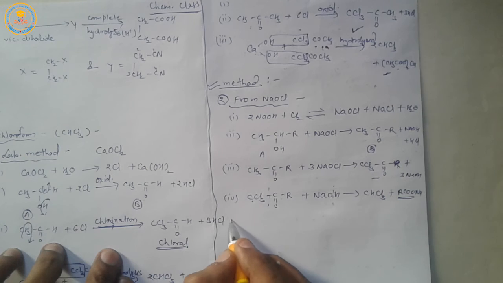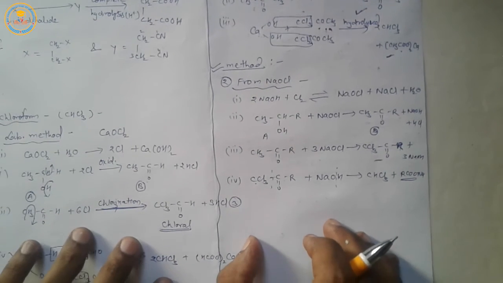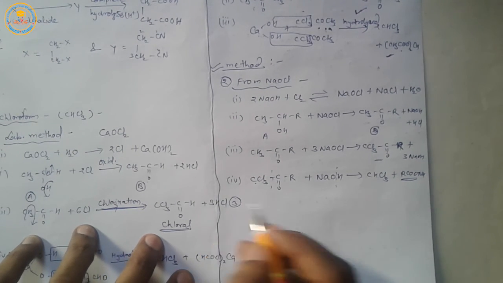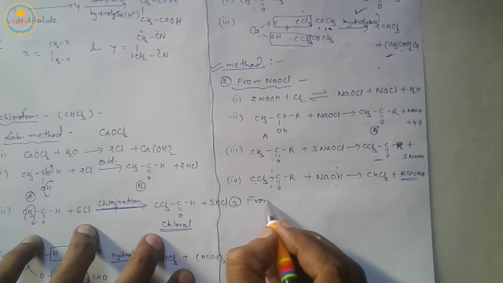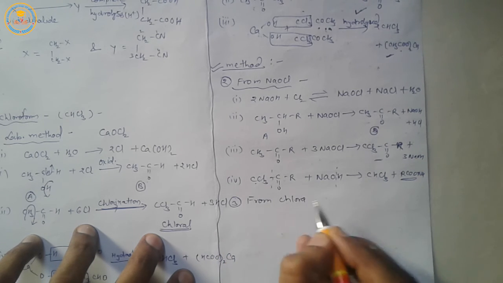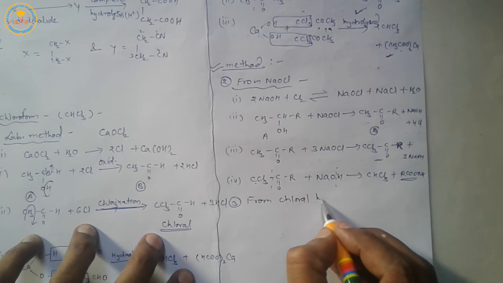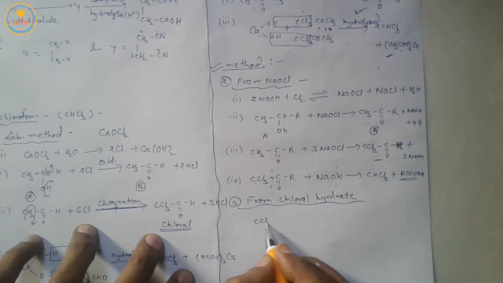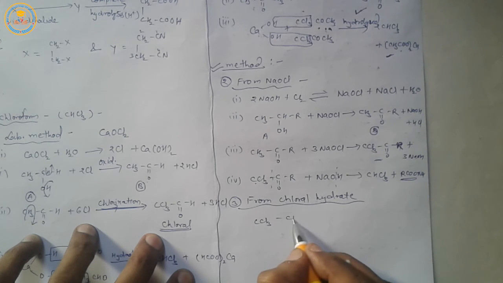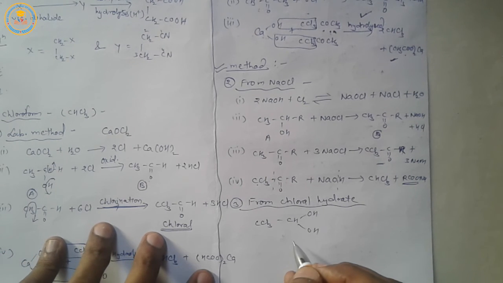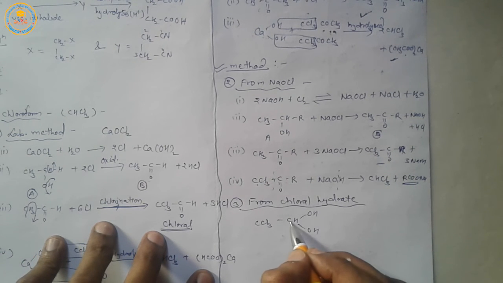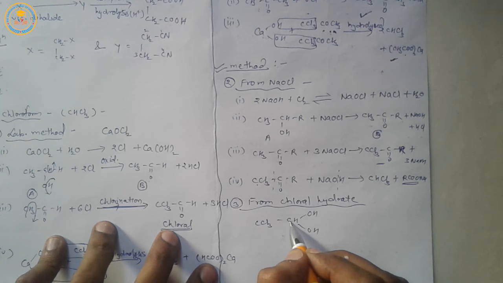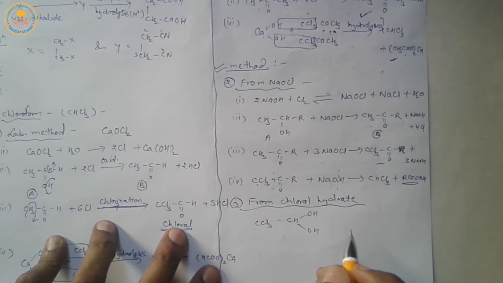Now the third method of preparation of chloroform is from chloral hydrate. This is the chloral hydrate molecule, an exceptional compound which has two OH groups on the same carbon atom. It is a stable compound.